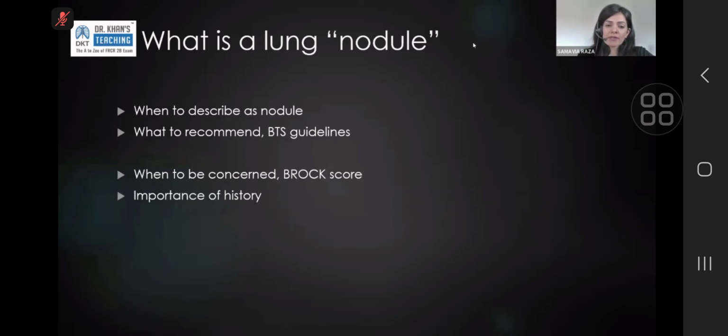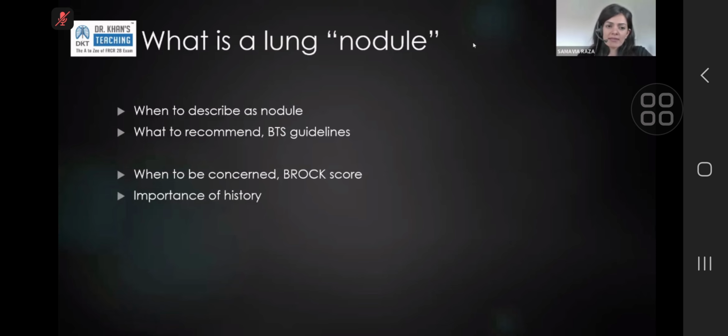What ideally should happen is that the radiologist reporting the CT should be clearly describing the nodule at the point of reporting. They should be doing volumetry on the nodule. They should be referring them if required, dismissing them if required, or recommending adequate follow-up if required.